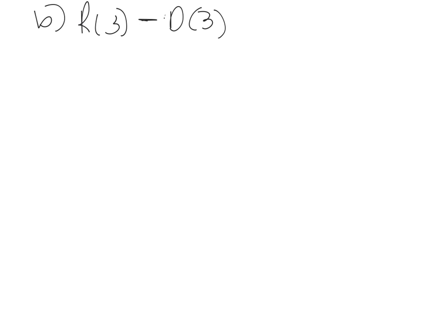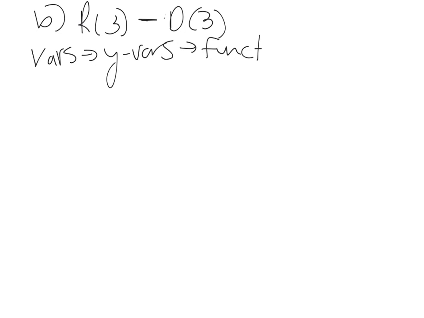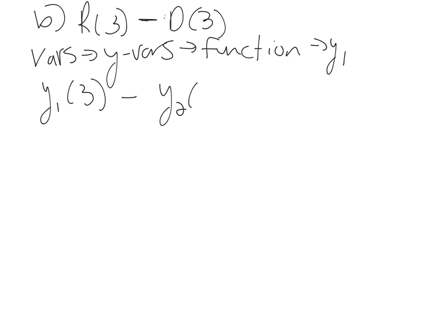So now on your calculator, you do the same thing with the vars. So you would do vars, y vars, function, y1, and what you do is you do y1 of 3, and then you do the same process again, and you subtract y2 of 3.